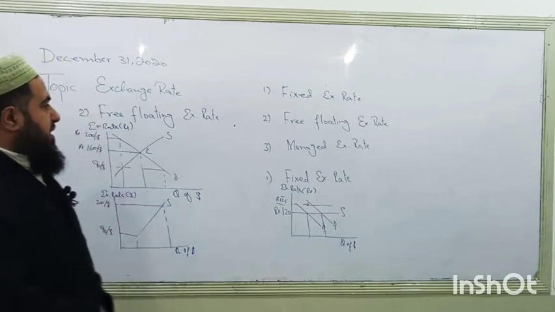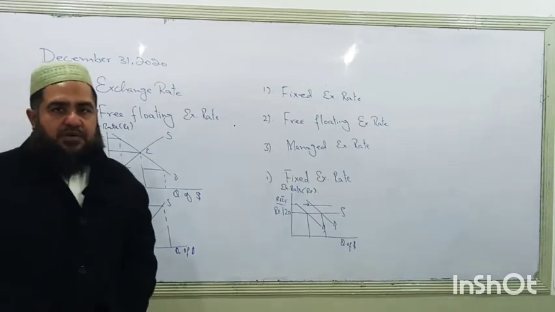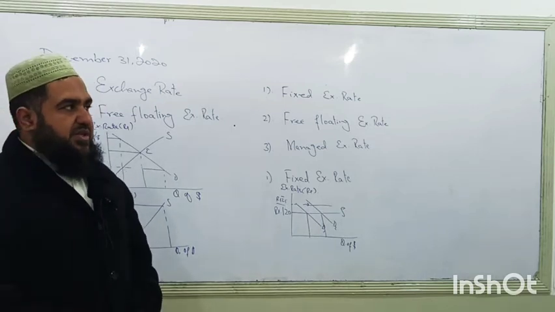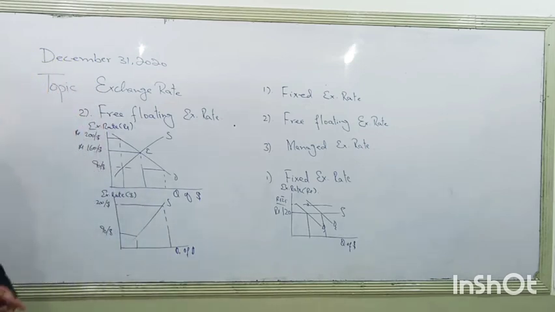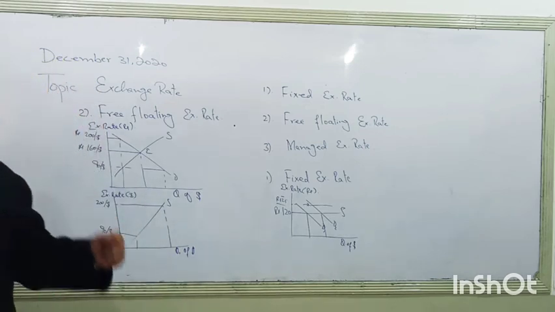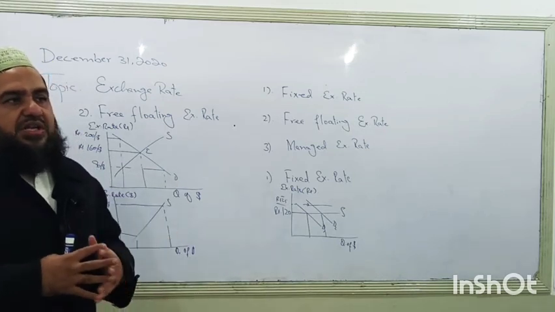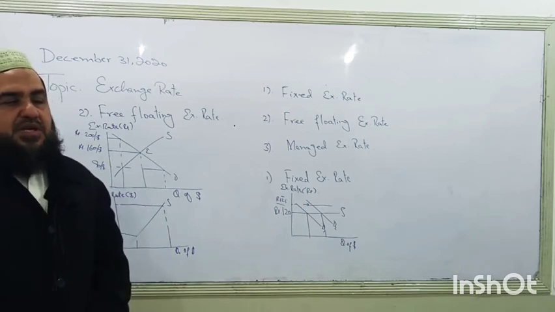Now keep in mind, this exchange rate is totally freely determined by the market forces of demand and supply, and there is no government intervention in the determination. So the foreign exchange reserves will be automatically increasing and decreasing due to the changes in receipts and payments, the balance of payments.